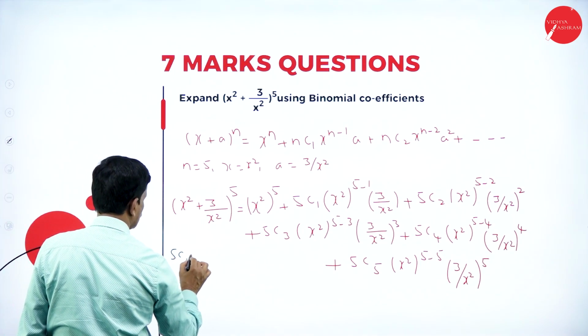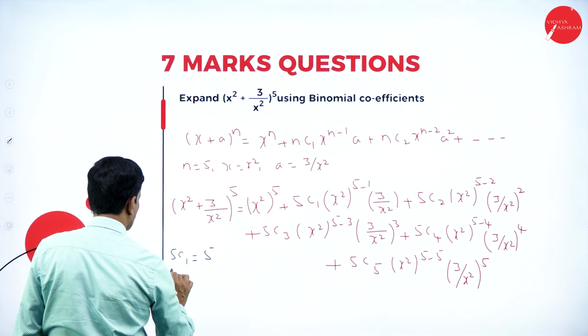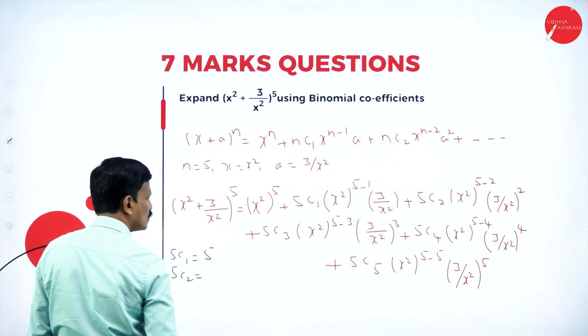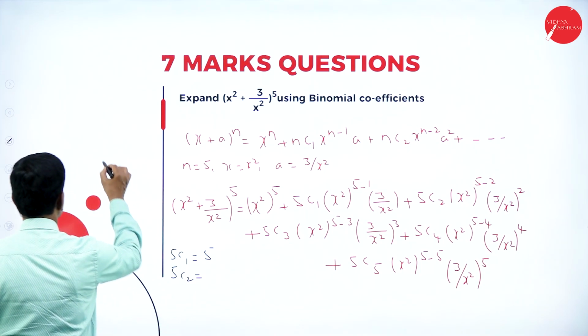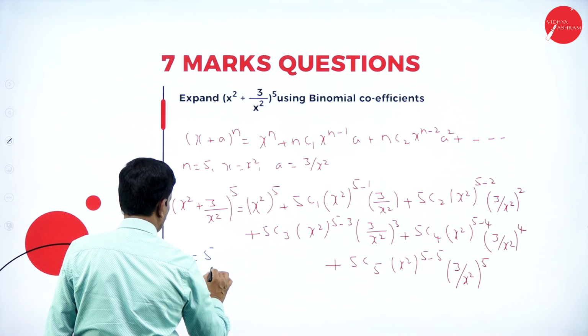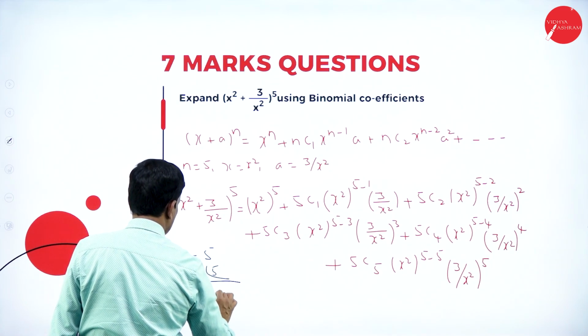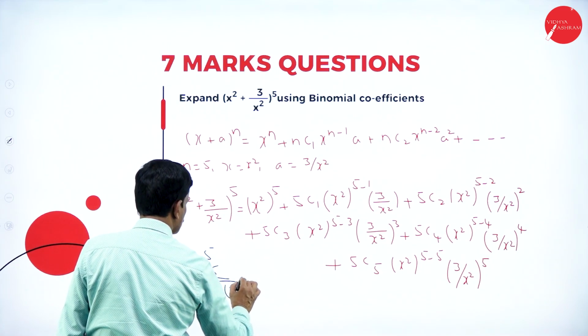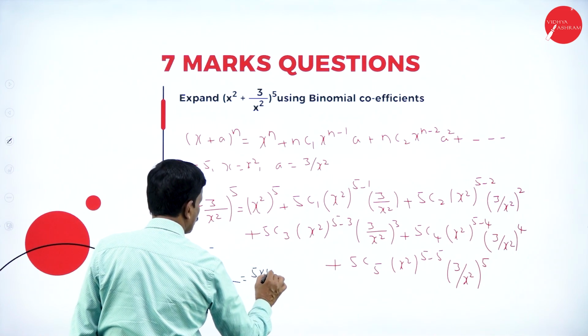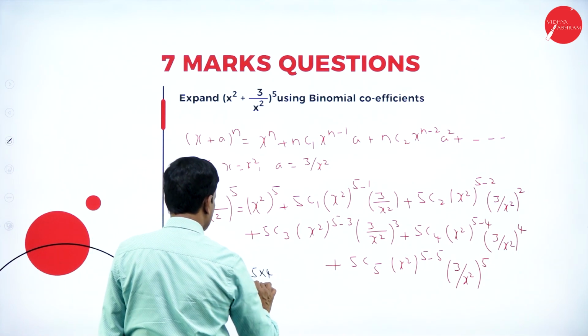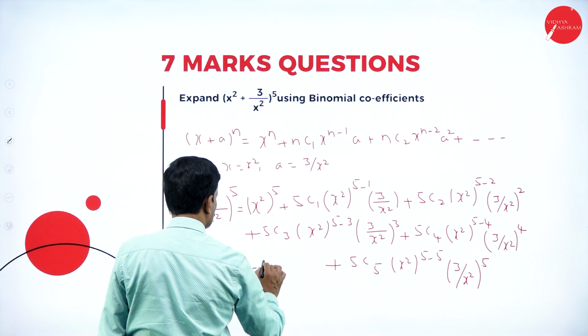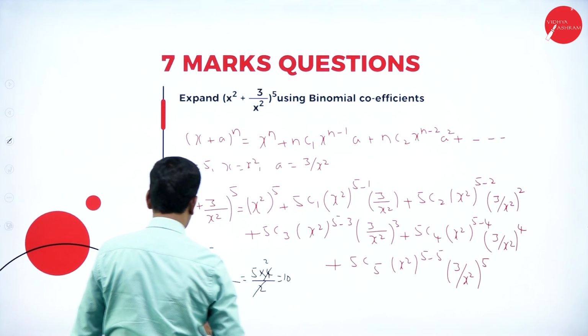So 5C1 is equal to 5 and 5C2. Find out the value of 5C2. 5C2 can be written as 5 factorial divided by 2 into 5 minus 2 is 3 factorial, that is 5 into 4 divided by 3 gets cancelled, 2's get cancelled, 5 2's are 10.